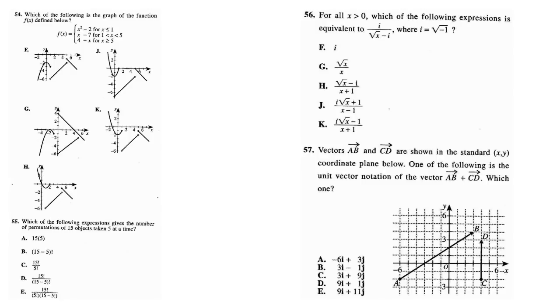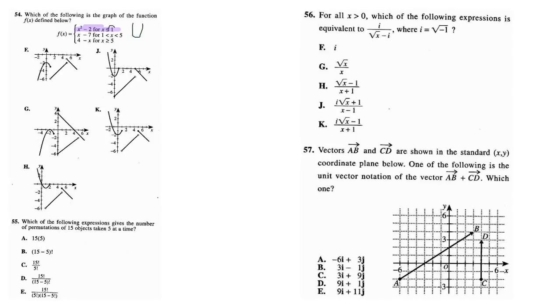Again, sorry, technical difficulties here. Let's work on that part. Notice I have x squared minus 2. If you see x squared, that means I have a U shape. If it's x squared, it has to be a U shape. Now, where do I have that U shape starting? Well, you need to plug in and see.